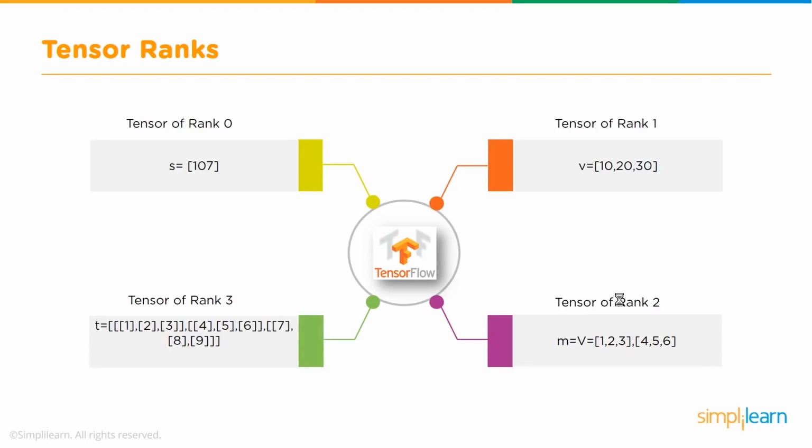And then you can have a two-dimensional vector, like a matrix. In that case, we say the rank is 2. Then if it's a three-dimensional array, the rank is 3, and so on. It could have more than 3 as well, so you could have multidimensional arrays in the form of tensors.